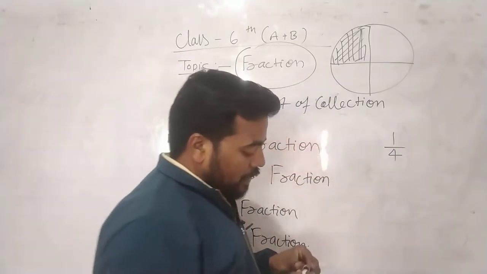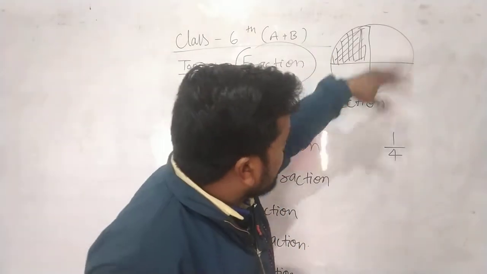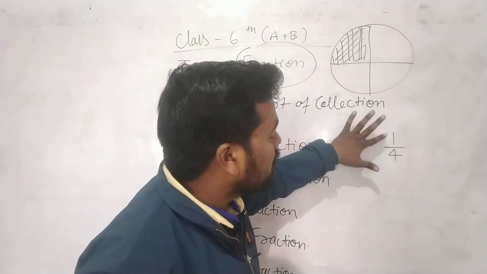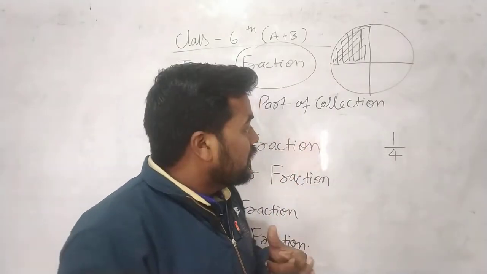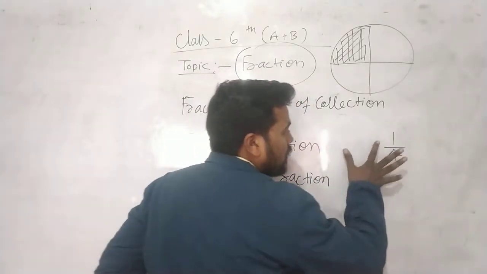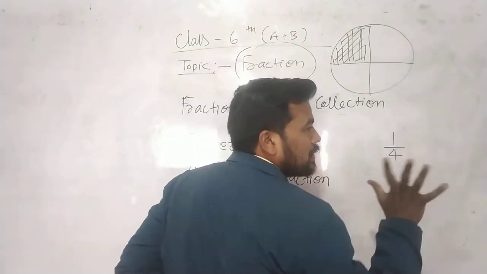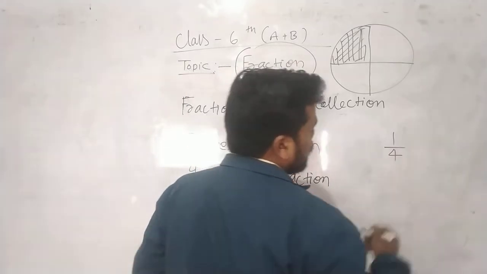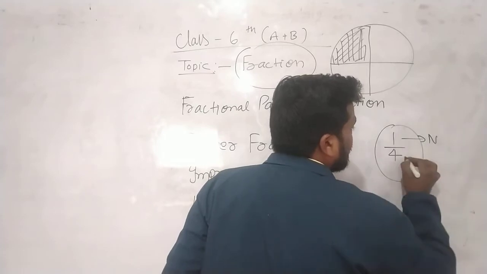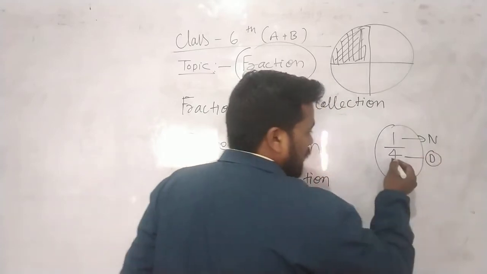It means pizza divided in 4 equal parts, and one part you will take. That part is known as 1/4, and in 1/4, 1 is known as numerator and 4 is known as denominator. So in a fraction two things, first is numerator and second is denominator.